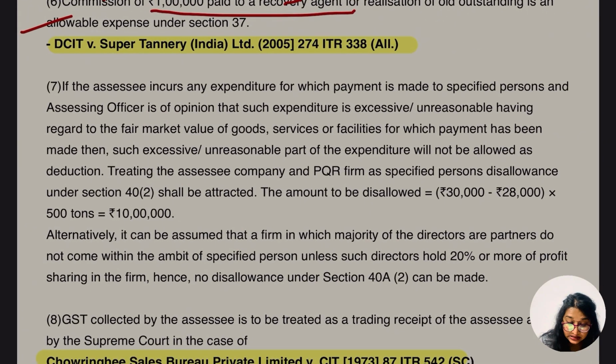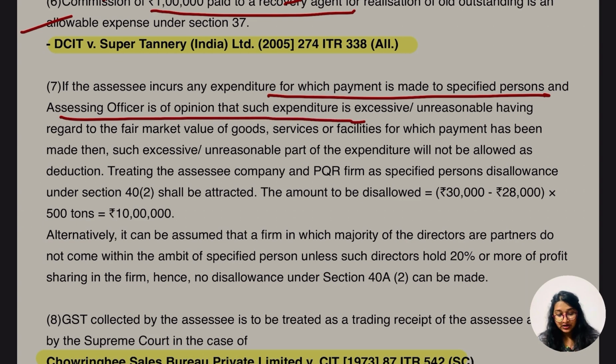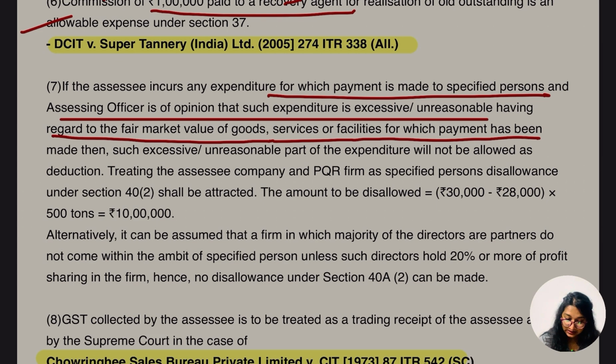If an assessee incurs any expenditure for which payment is made to a specified person and the assessing officer is of the opinion that such expenditure is excessive or unreasonable having regard to the fair market value of the goods, services or facility for which the payment has been made, then such excessive or unreasonable part of the expenditure will not be allowed as deduction in this case, okay.